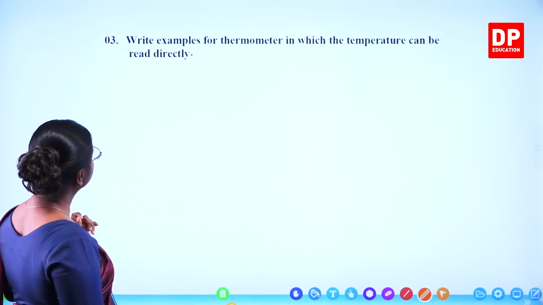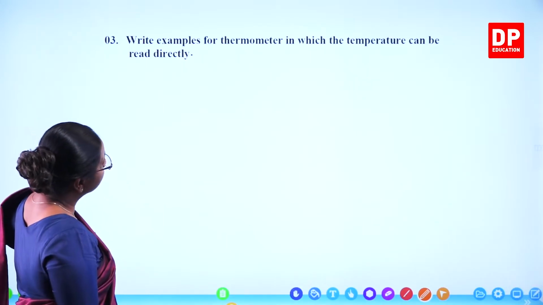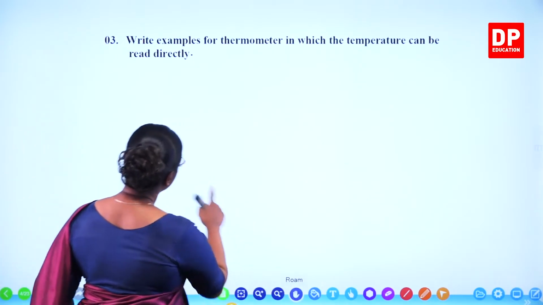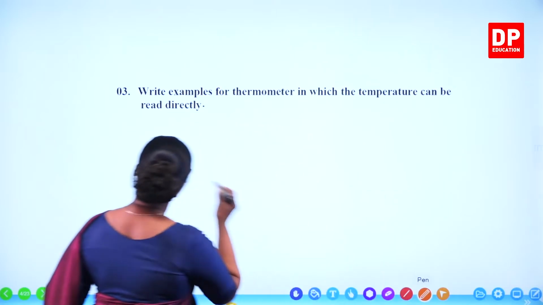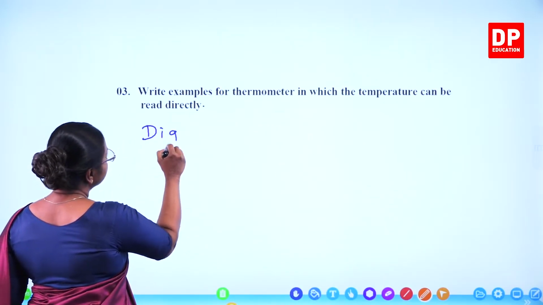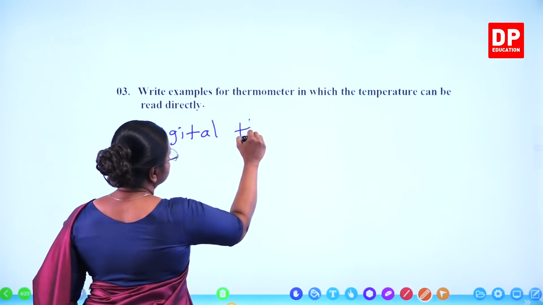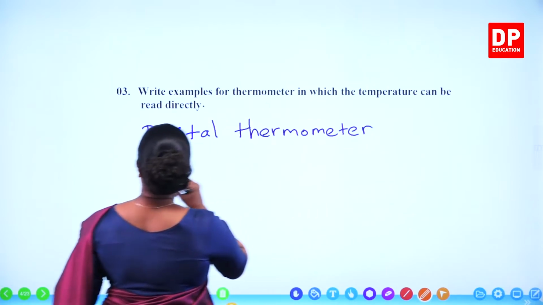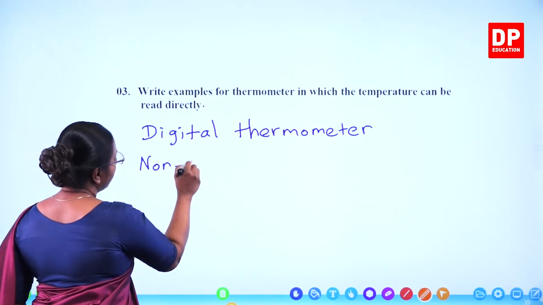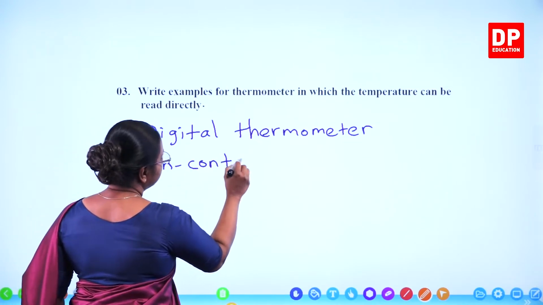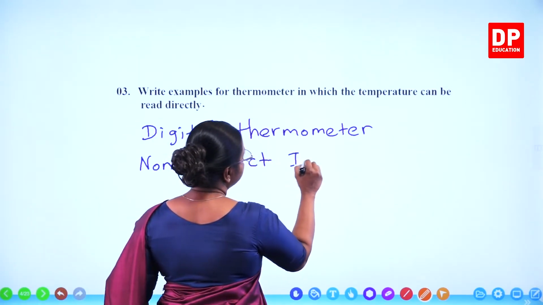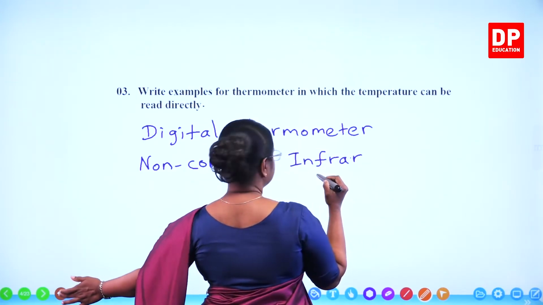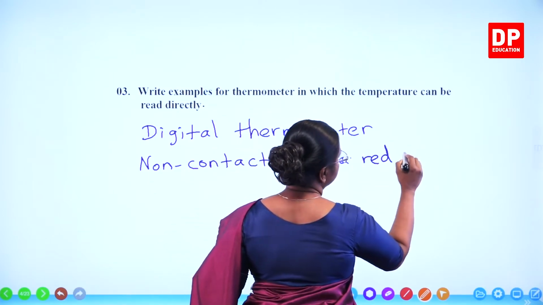But here the question is, write examples for thermometer in which the temperature can be read directly. So if we write the examples, we will be writing the digital thermometer, and then you have the non-contact infrared thermometer.